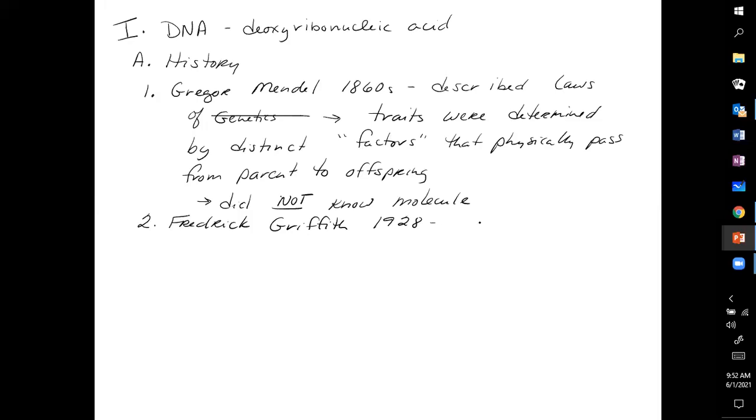So Frederick Griffith gave experimental evidence. You know, Gregor Mendel's stuff was simply statistical analysis. Frederick Griffith gave experimental evidence for Mendel's factors.